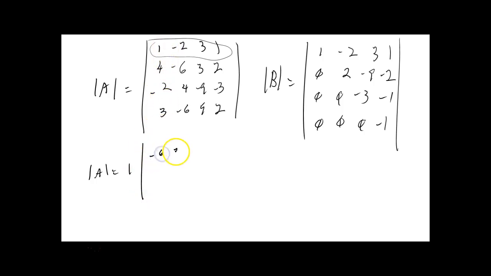Minus 6, 3, 2. You wipe out the first row and first column. 4, negative 9, negative 3, negative 6, 9, 2. Well, since that's a 3 by 3, we can do that by repeating the first 2 columns. Minus 6, 3, 4, minus 9, negative 6, 9.